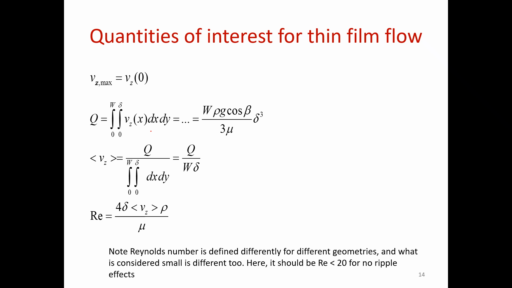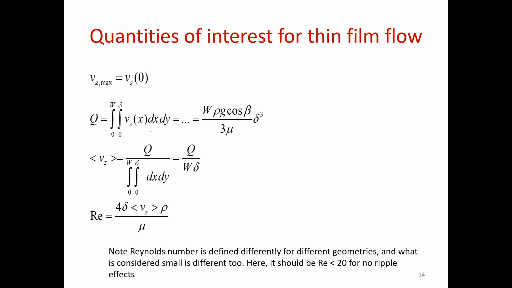Assuming that plane has width w into the y direction. So if this is my slope, going down, I'm going to integrate across this area that is in the z direction and also y direction into the plane. Yes? To collect volumetric flux through that area. And that is the integral of Vz of x that is going orthogonal to that plane, dx dy.